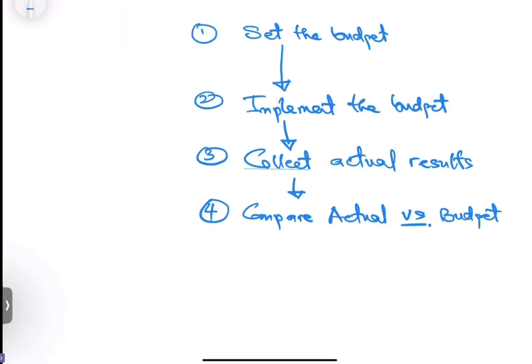When you compare actual and budget, what are you trying to achieve? What are you looking for? You just want to know the difference. That's why you are doing that comparison. So you need to review the difference between the actual and the budget, because more than likely it will always be different.